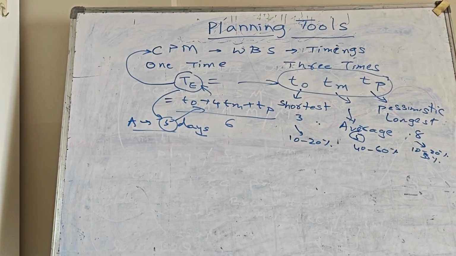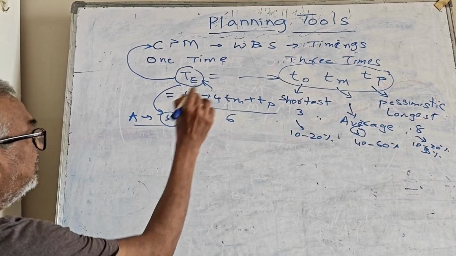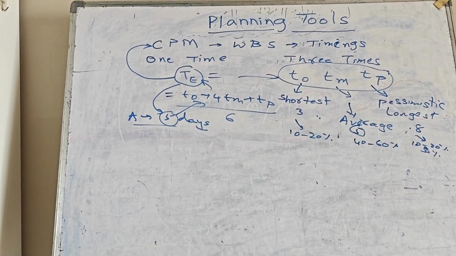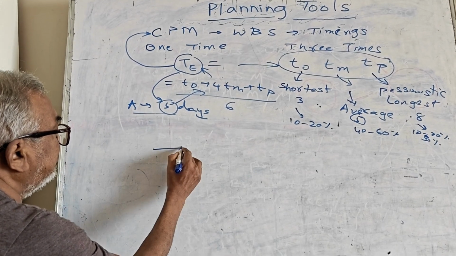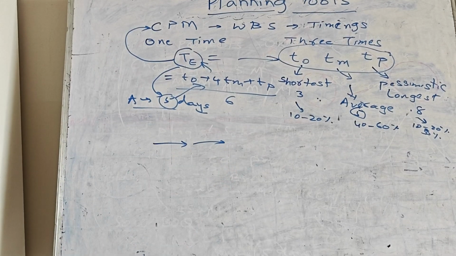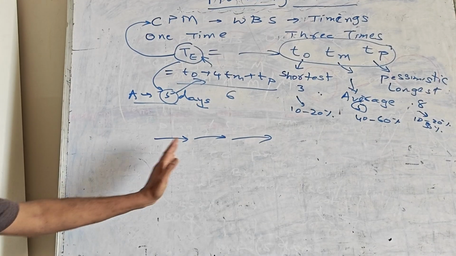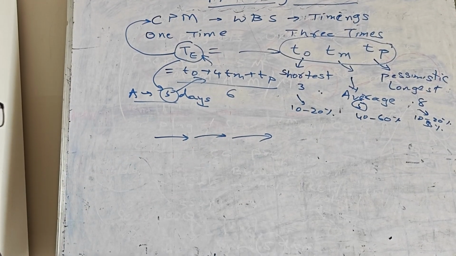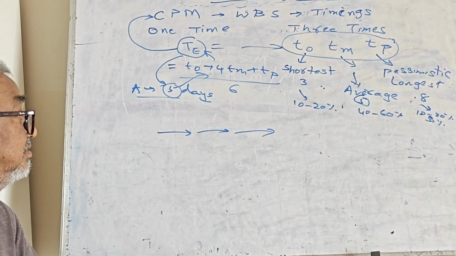Now in this network system, suppose you have taken the WBS and there may be 3 activities, for example, this is your foundation, this is your completion of substructure, this is your completion of superstructure. So I am taking 3 different major activities.